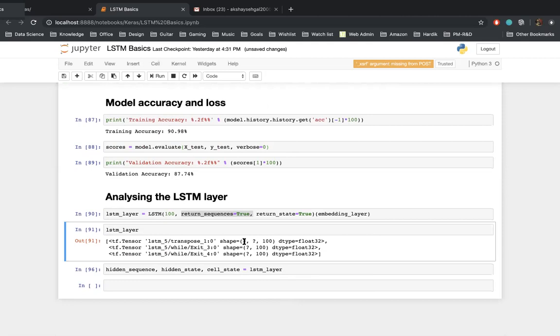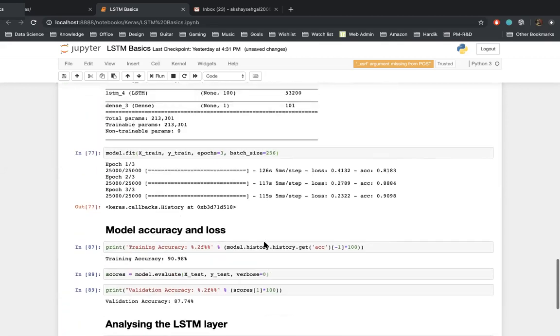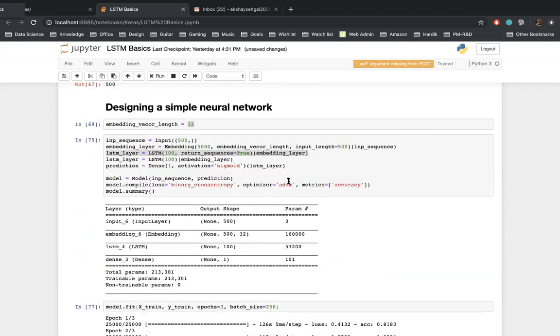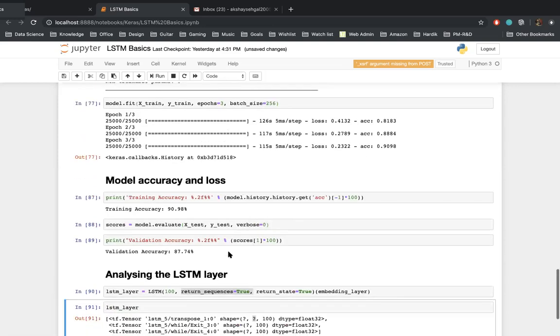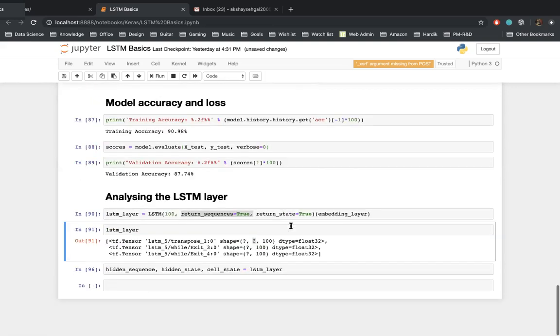The first is for the one sample that we are providing, or whatever the batch size is. The second is going to be your number of time steps, because each LSTM has the capability to provide H0 to HT. So in this case, your value of T is 500 time steps.